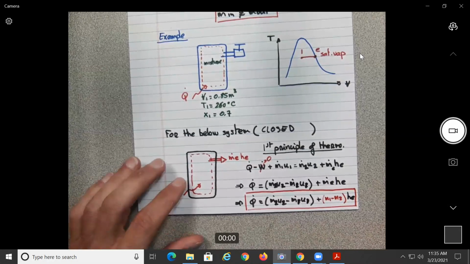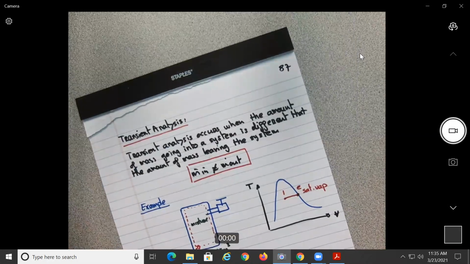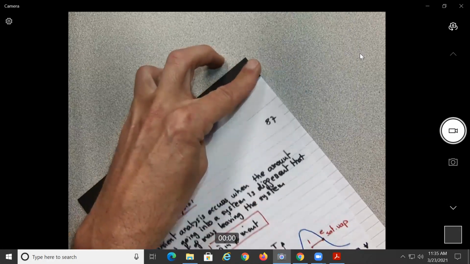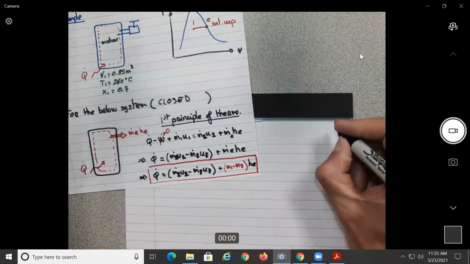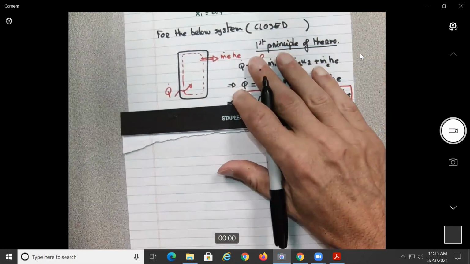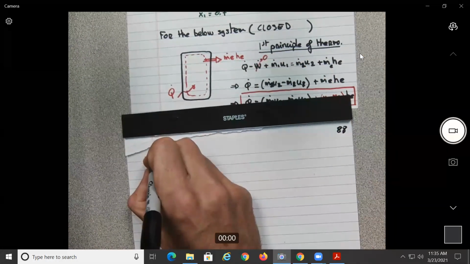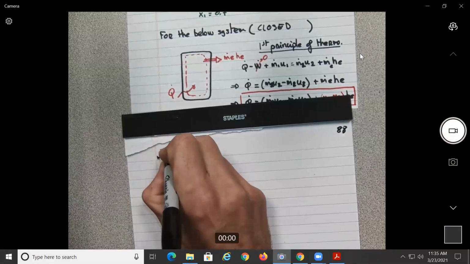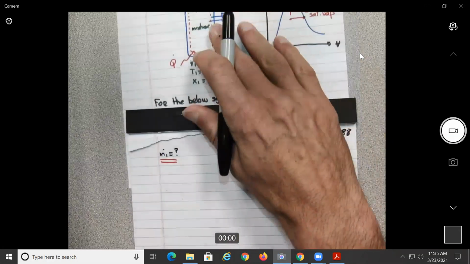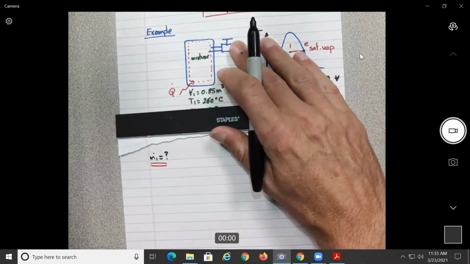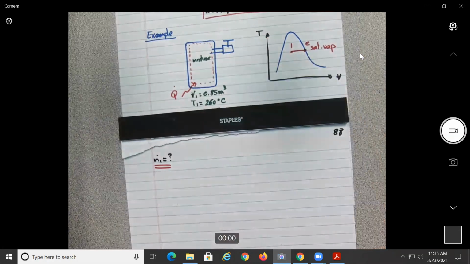Okay, so let me do it very quick if you want. I'd rather spend more time on the next problem. So basically we have the equation. So we need to find M sub 1. What do we know from this problem? We know the pressure, we know the quality.